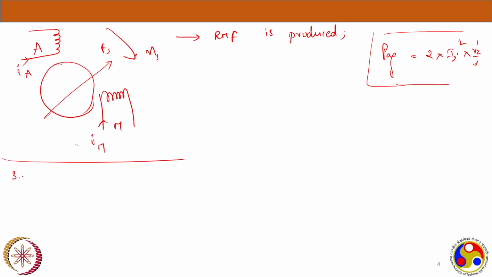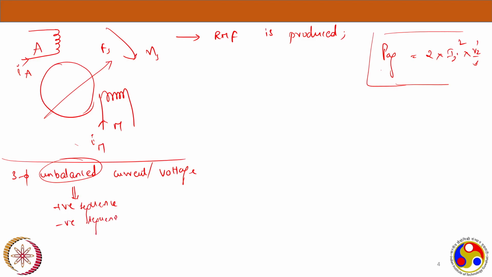If we have a three-phase unbalanced system, whether current or voltage, anything, it can be broken down into positive sequence, negative sequence, and zero sequence, and individually they are balanced.